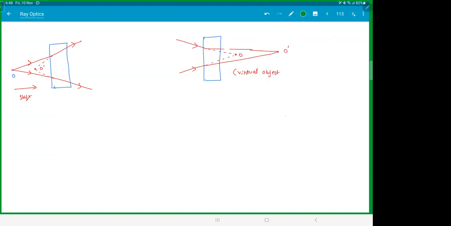So here we are talking about this is the shift. The shift always happens in the direction of incident light rays. Clear? So if the light rays are supposed to meet at O, but you kept a slab, they'll go and meet at the front. So this is a real image.